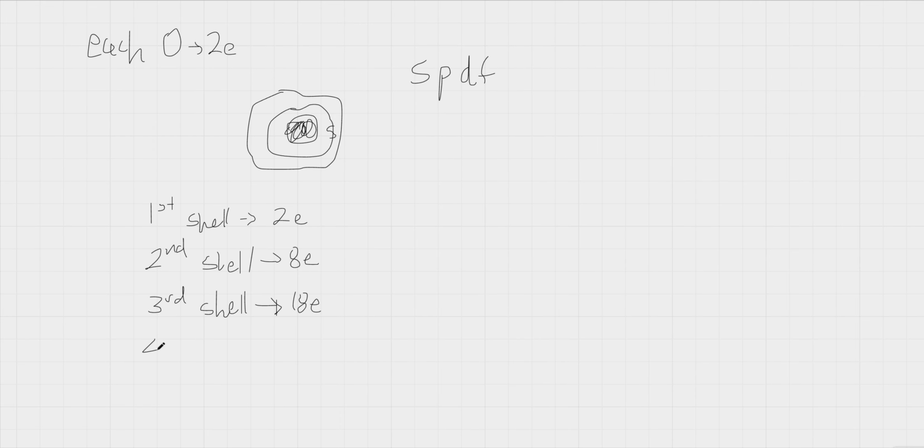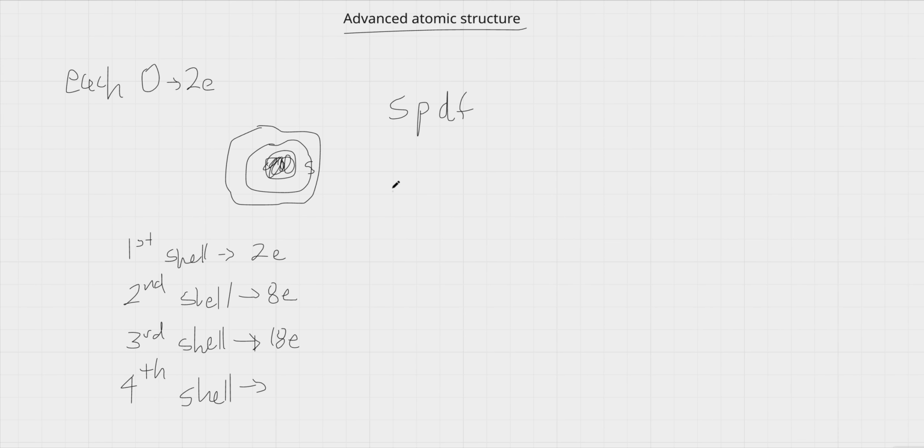So for example, in the third shell, we have our single s, and we notate this as 3s. Since it's the third shell and our s orbital, because remember, when I said that there were one s orbital, 3 p orbitals, and 5 d orbitals, that's only within that shell.